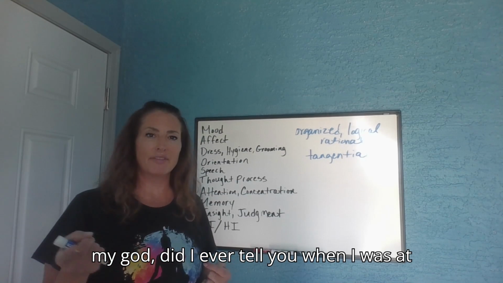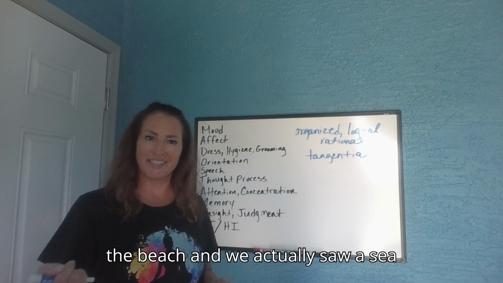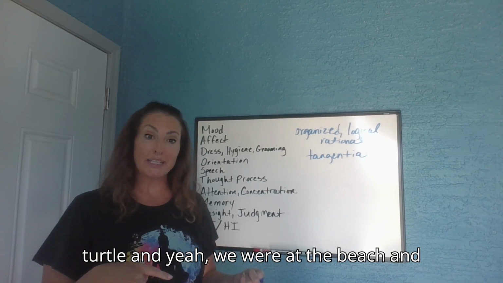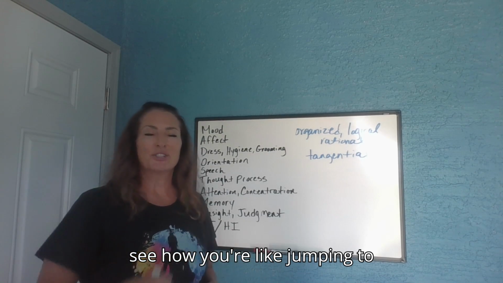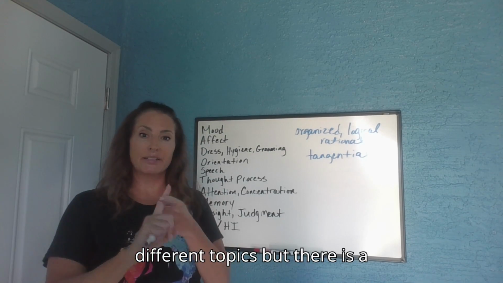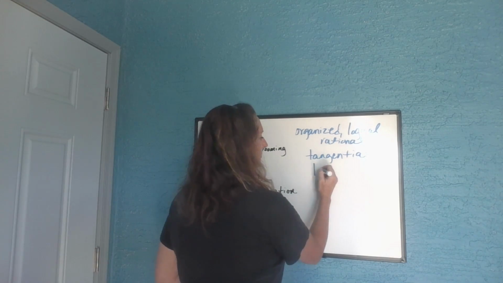And oh my God, did I ever tell you when I was at the beach and we actually saw a sea turtle? And we were at the beach and it was our anniversary. So you see how you're jumping to different topics, but there is a connection there, which leads us to the next one, which is loose.